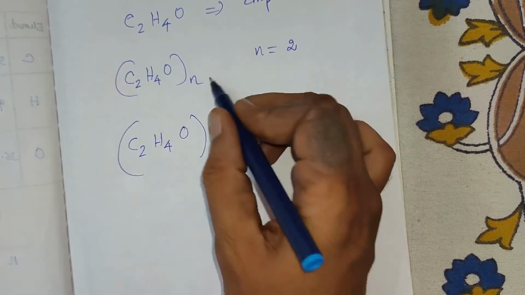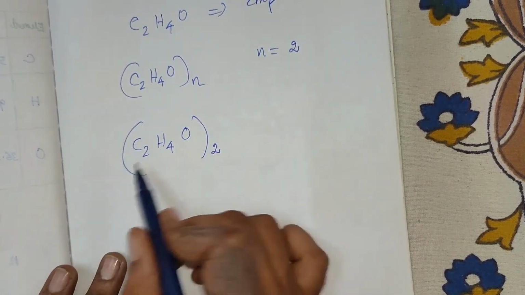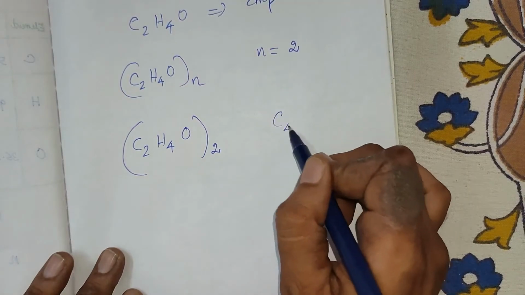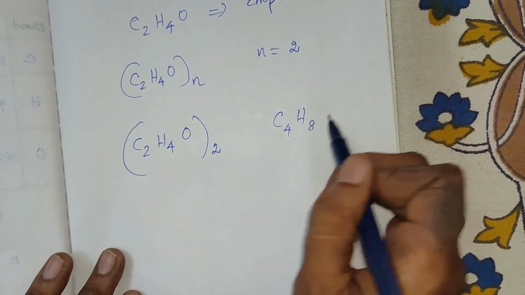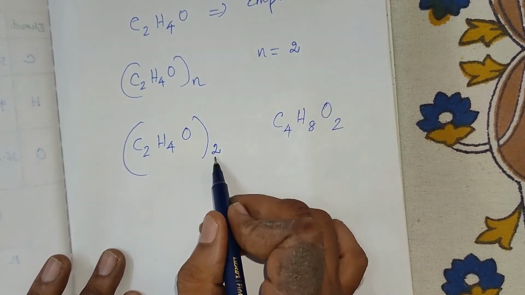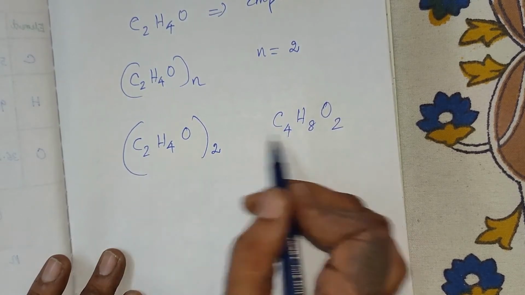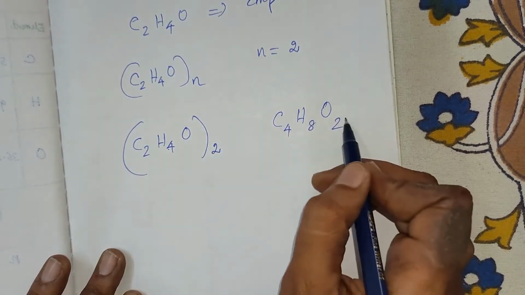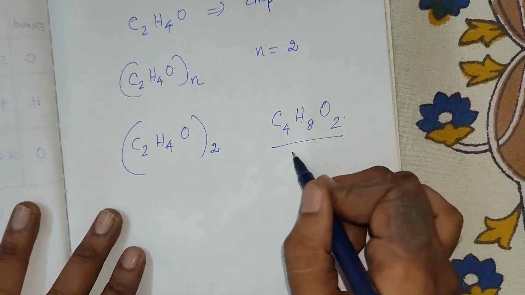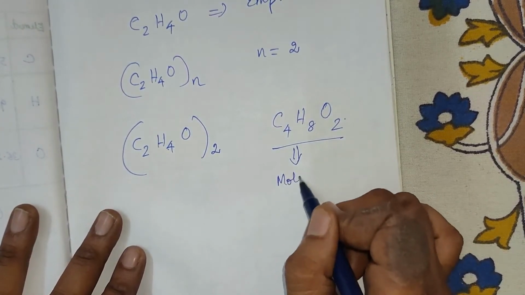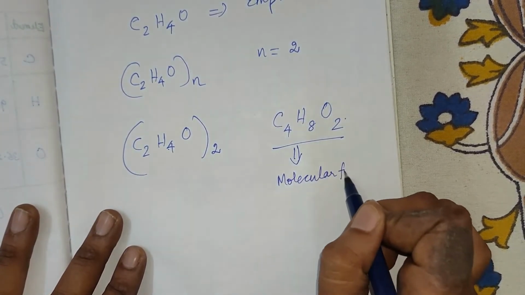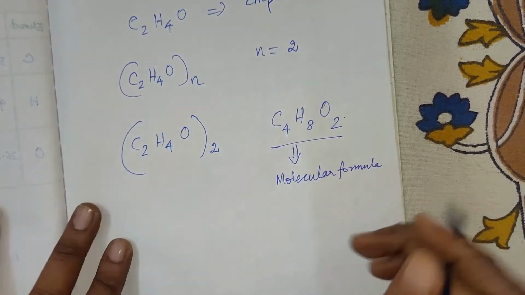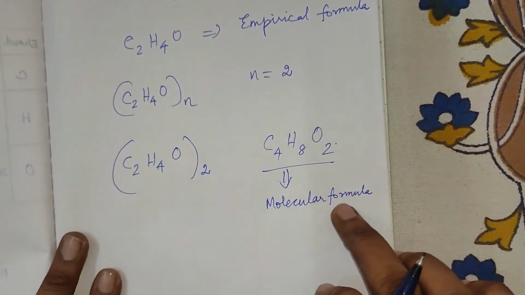So twice of this: C4H8O2. Multiply it by 2. 2 2s are 4, 4 2s are 8, 1 into 2 is 2. So this is going to be the molecular formula of the compound. So this is the empirical formula and this is the molecular formula.